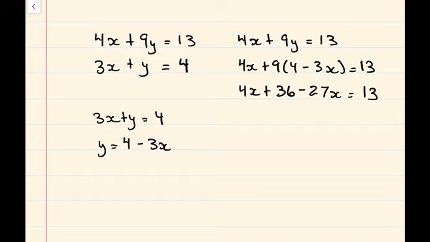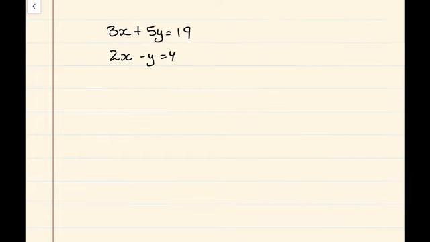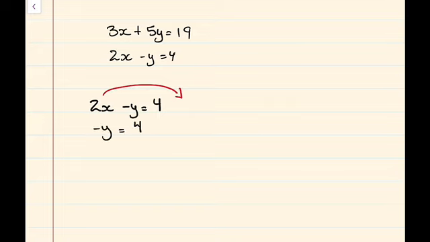Okay? So because the coefficient of y in this case is just 1, it would be easier to solve the equation for this one. So let's just go ahead and get that done. So we have 2x minus y is equal to 4. And we're going to carry over the 2x to the other side of the equation. So then we'll have negative y is equal to 4, and because we carried over the 2x, it will become minus 2x.